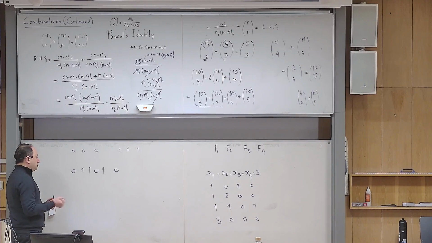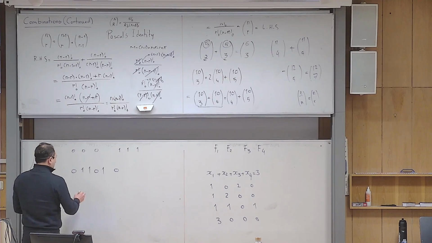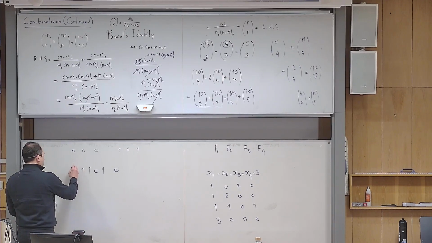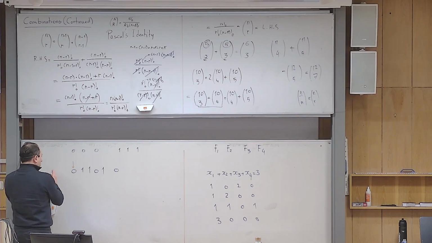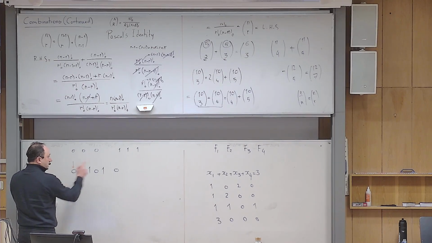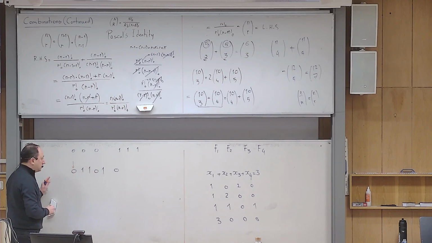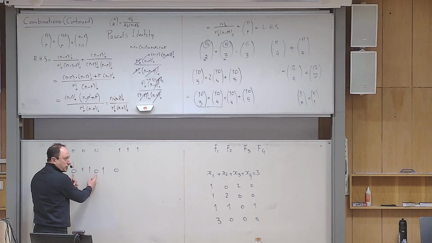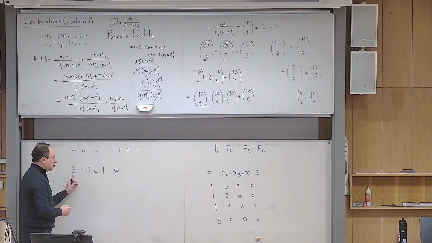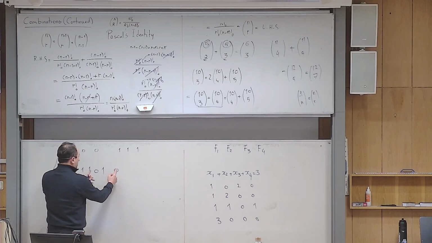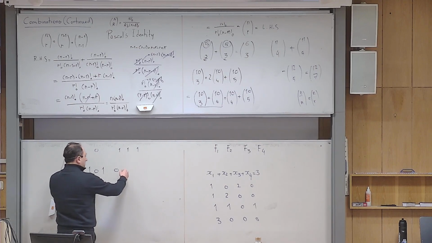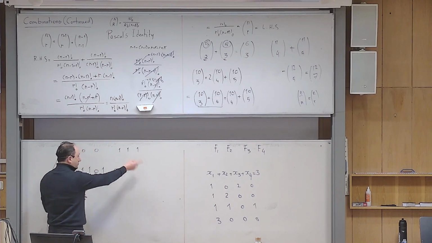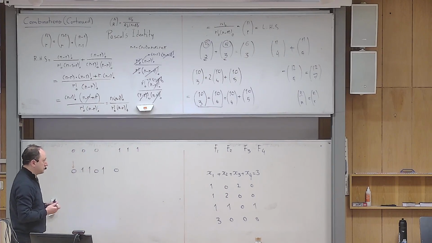Whatever you see before the first 0, the number of ones appearing before it, I consider x1. The number of ones between the next two zeros, I consider x2. The number of ones between the next zeros, I consider x3. And the number of ones appearing after the last 0, I consider x4.